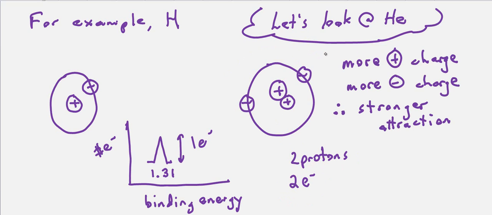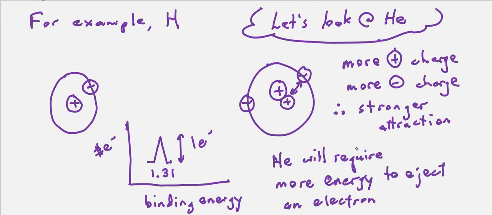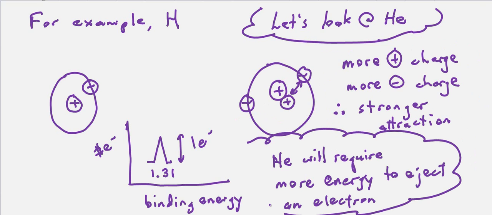Because helium has more positive charge than hydrogen and more negative charge, that means there's going to be a stronger attraction between the nucleus and the electrons in the energy level 1 shell in the helium atom. Because of the greater attraction between the nucleus in helium and its electrons in the energy 1 shell, helium will require more energy to eject an electron from the atom than what we saw in hydrogen.